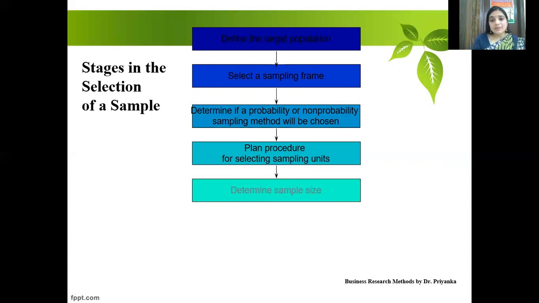Then determine sample size. Yes, sample size should not be very large, because suppose you have a target population of 1,000 people, and for example if you study 700 people out of them, then there is no use of deciding a sample and doing all the hard work to decide sample size and everything, because this is equivalent to the target population then.